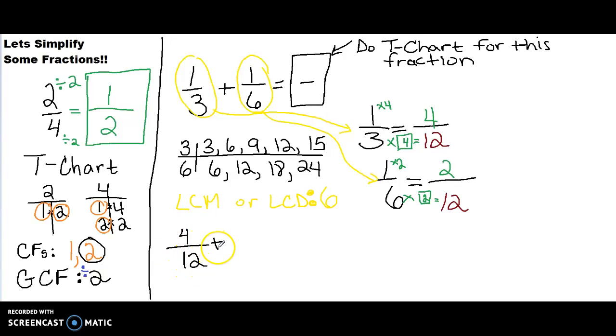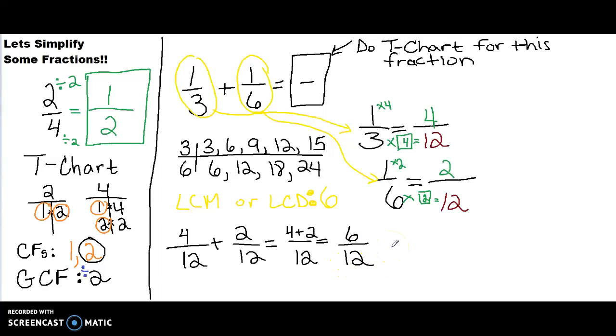And for 1/6, I'm going to put 2/12. Now, when we add, we keep our denominators, as long as they're the same. So this does not become 24. This stays a 12. And then 4 plus 2 gives us 6, which means we have 6/12.